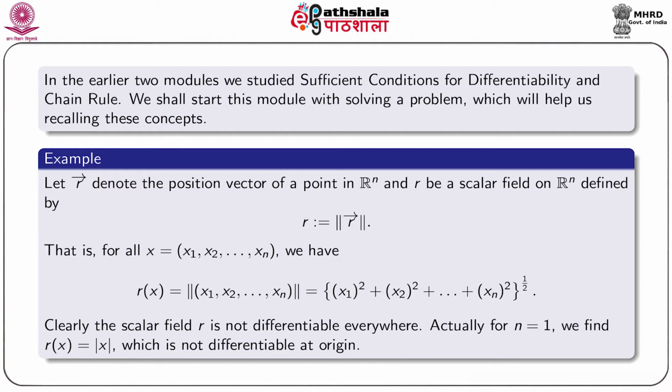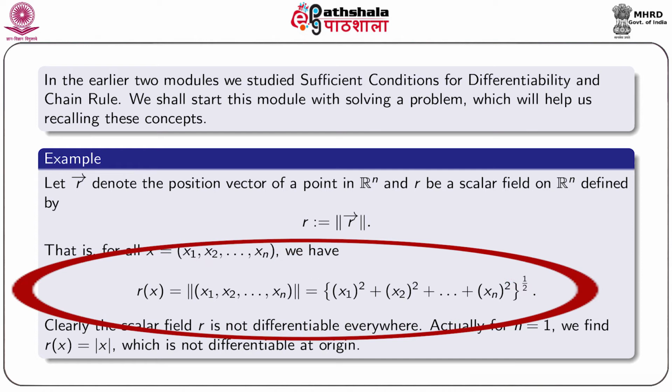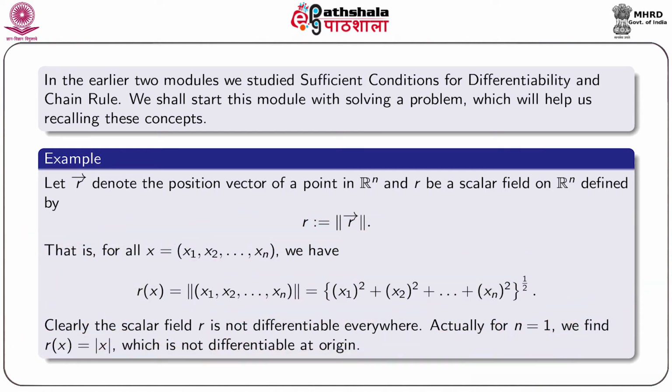That is, if we consider any point x equal to (x1, x2, up to xn), then we have r operated on x equal to norm of the vector x, that is the non-negative square root of x1 square added with x2 square continuing up to xn square.